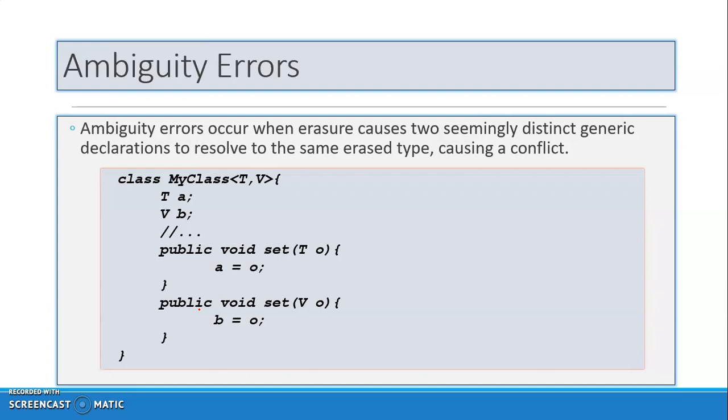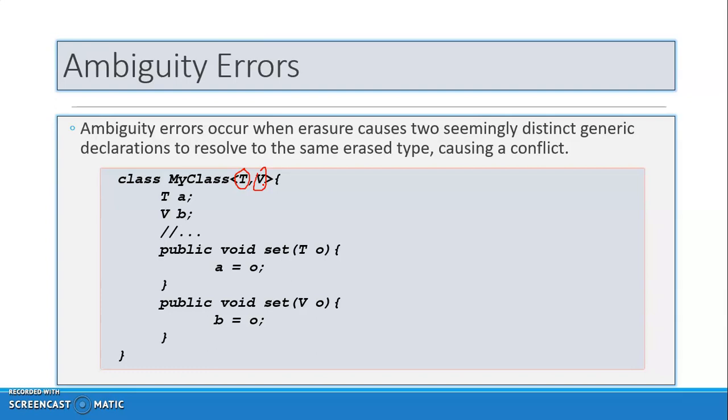Ambiguity. We have ambiguity errors which may arise because you are using generic methods or generic classes. That is mostly because of the use of these type parameter names. Here we have two type parameter names, T and V. To the programmer, by putting T and V, they will think these are two distinct data types.